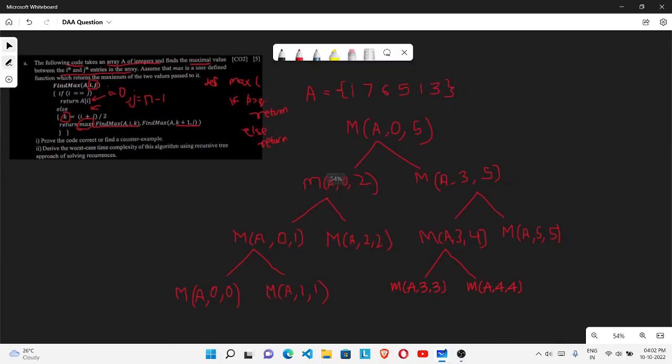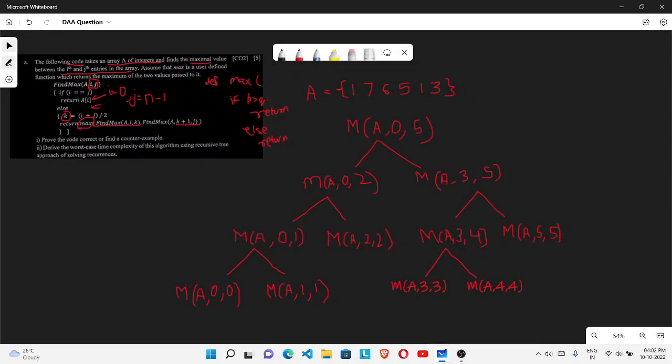So now we have seen how the recursion works. That's how the function keeps calling itself. Now we have come to the base condition, when i is equal to j.